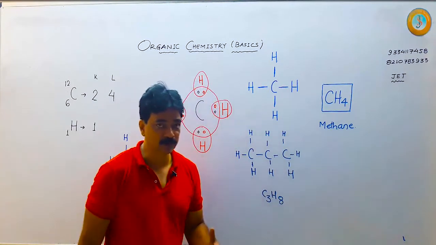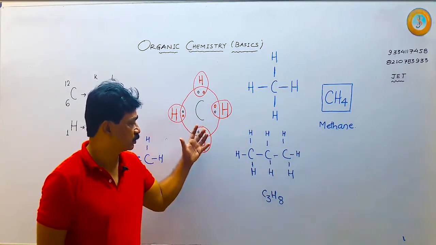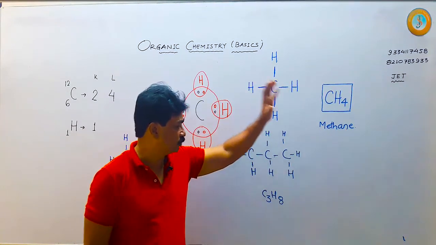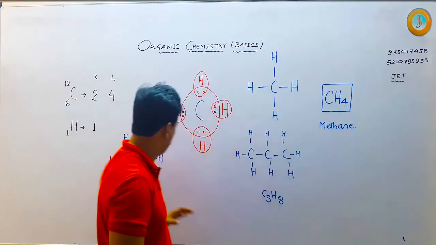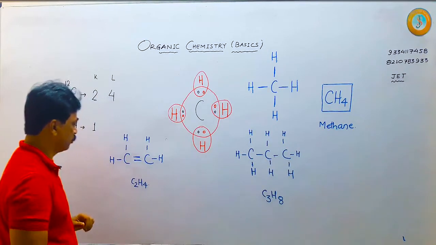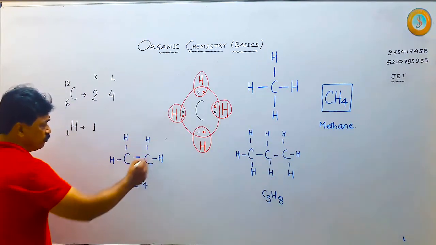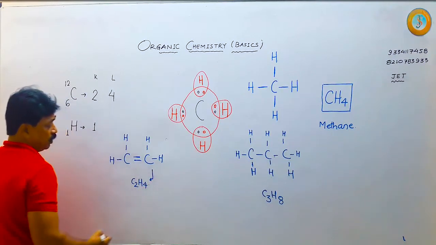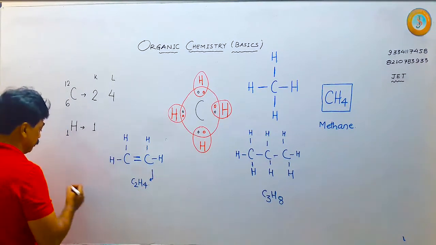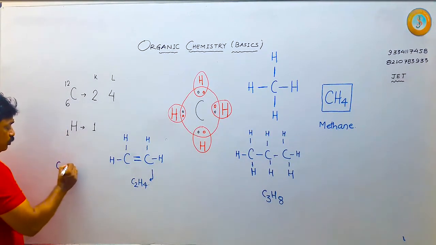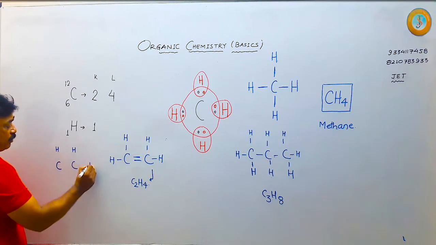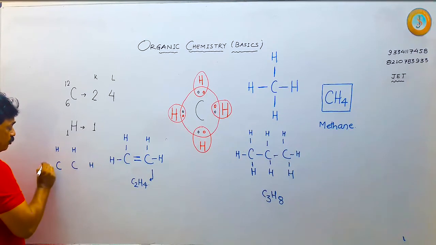Once more I sum it up, try to understand. This is the electronic dot formula. This is the structural formula. This is the molecular formula. Now if you make the structural formula, you are able to convert it into the molecular formula. At the same time, let us have a look, can we put the electronic formula over here from the structural formula?